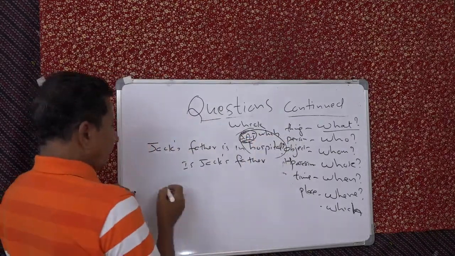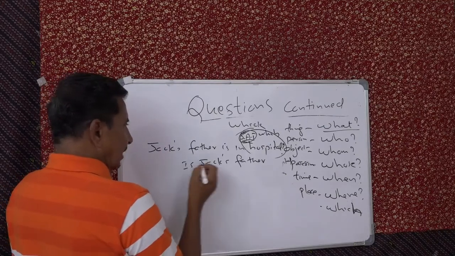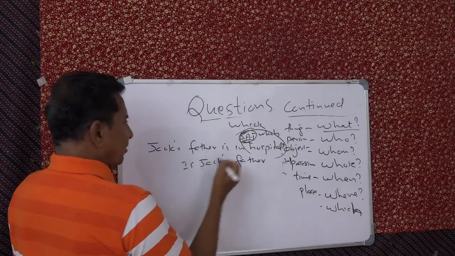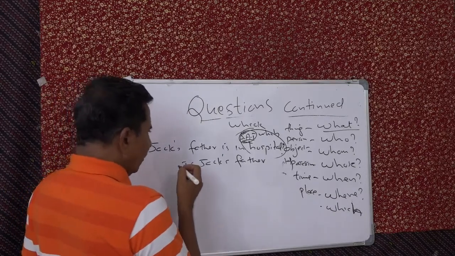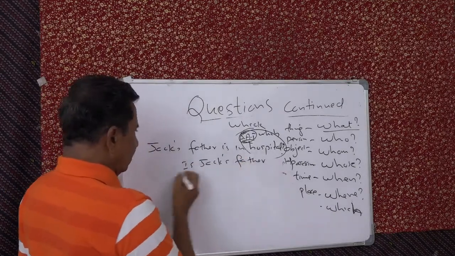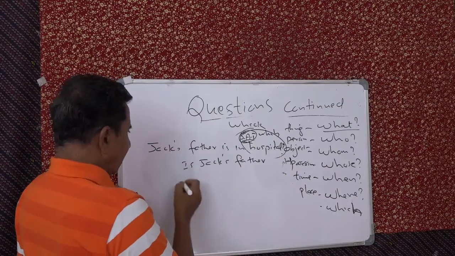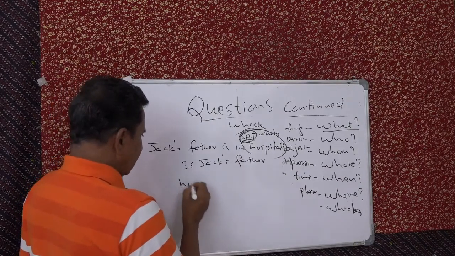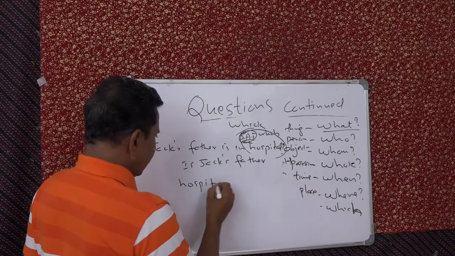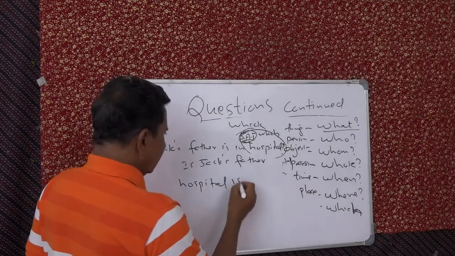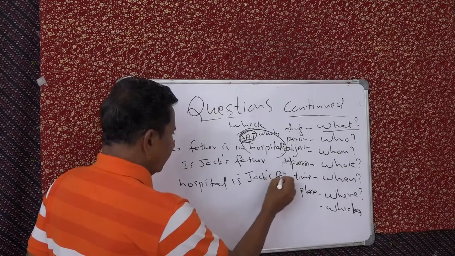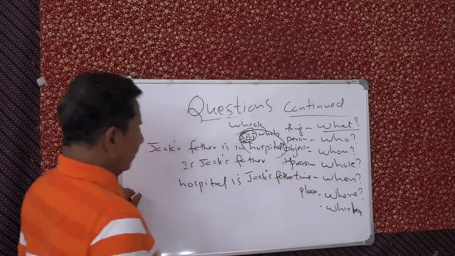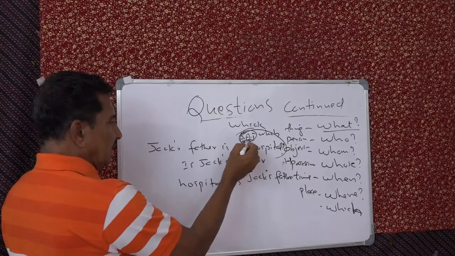So we will say, is Jack's father. Then here is a hospital. Hospital is Jack's father. So we have to get the answer side.